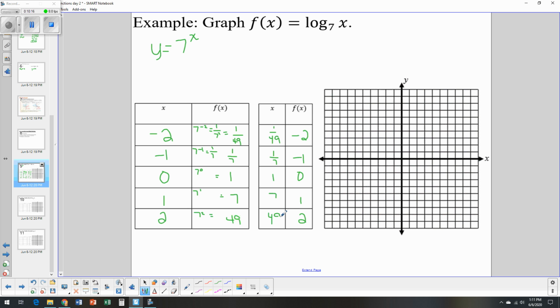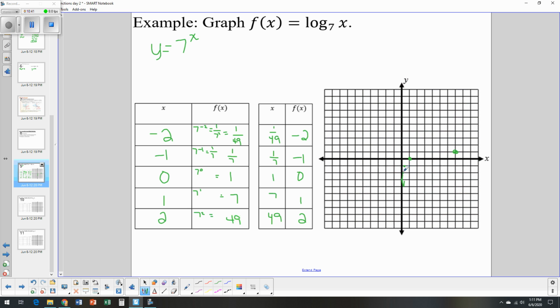We obviously can't graph all of them, but we'll graph what we can. So 1/49, comma negative 2 is almost 0, comma negative 2. 1/7, comma negative 1 is barely anything bigger, comma negative 1. Then I have 1, 0. I have 7, 1. And I'm not going to be able to graph 49, comma 2.